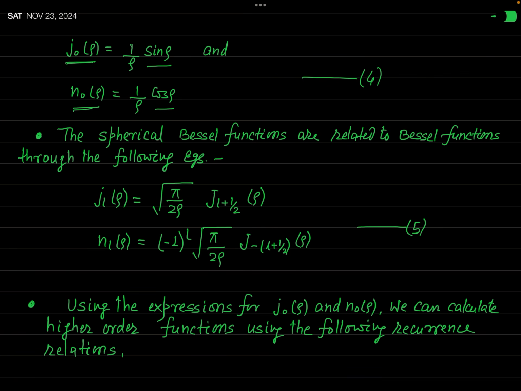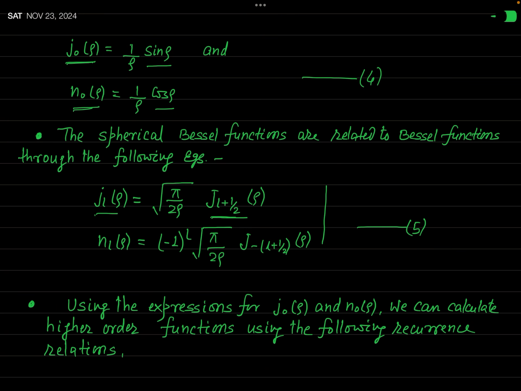So how are the spherical Bessel functions related to the Bessel functions? I have written it here. You can see this j_l of rho is a spherical Bessel function, and this J_{l+1/2} of rho, capital J, is only a Bessel function, not a spherical Bessel function.